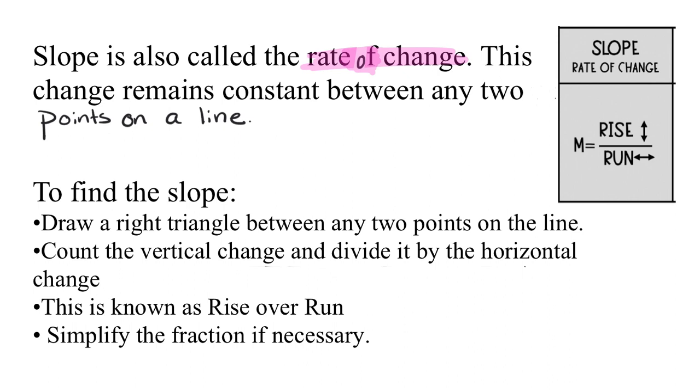M is slope. So when you see m, that means slope. The slope is rise over run. Remember this, rise over run.